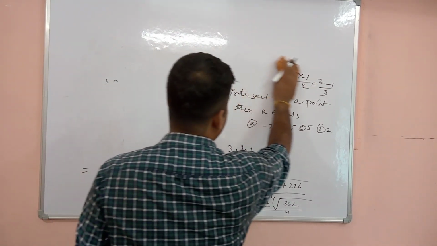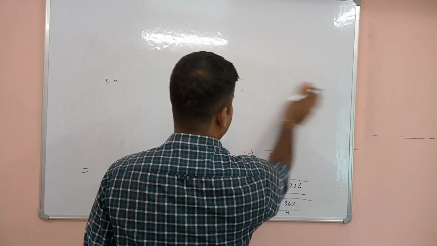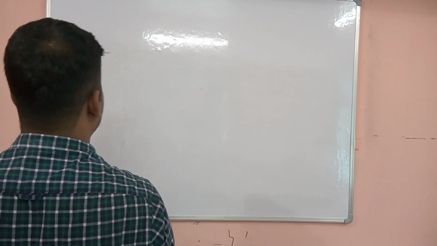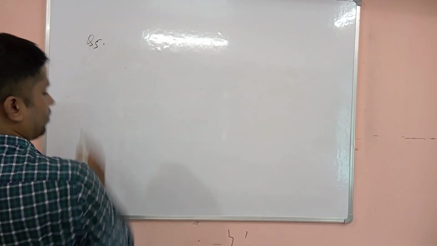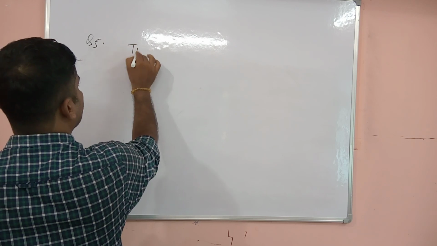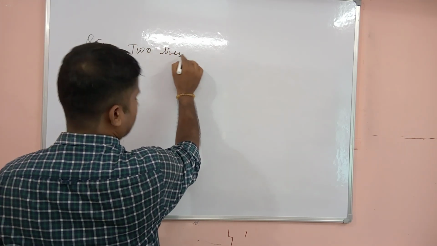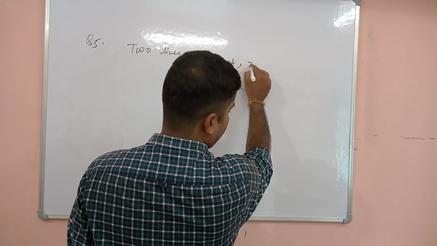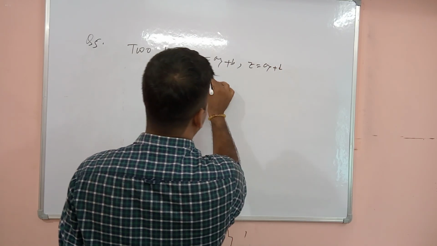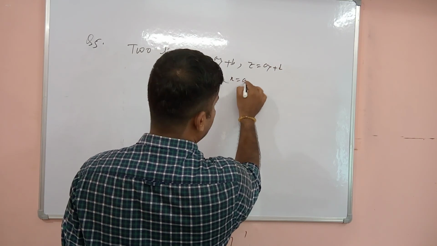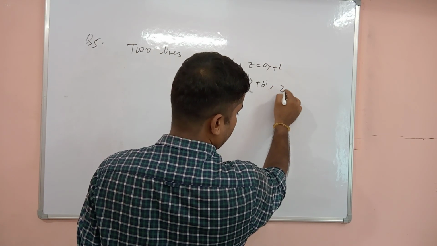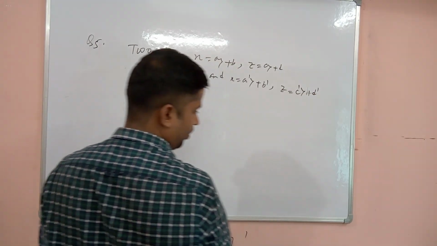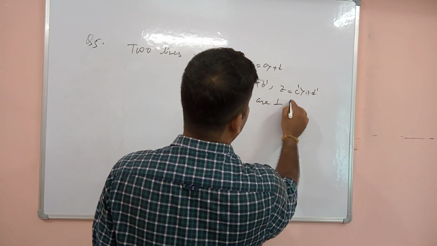Let's see question number 5. Two lines x is equal to ay plus b, z is equal to cy plus d, and x is equal to a dash y plus b dash, z is equal to c dash y plus d dash are perpendicular to each other.